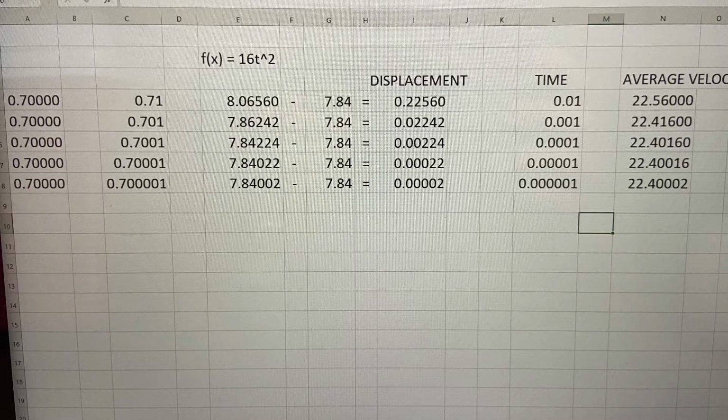And then on the E column, I punched in the displacement, the squared stuff minus the squared stuff of the first column, the 0.7. Then I found the displacement by subtracting. And then I put the time interval over on column L, and then I punched it into my Excel spreadsheet and ended up with the answers.